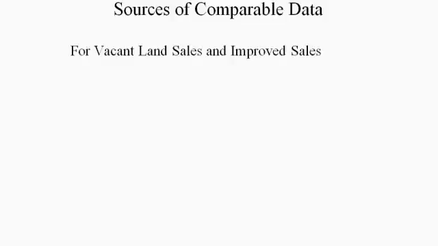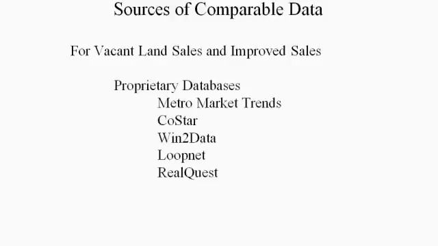Now, we know what kind of information we need, we know why we need it, and where on earth are we going to get it? And so for vacant land sales and improved land sales, we can use proprietary databases, and I've listed 5 of them here. These are certainly not the only ones. Metro Market Trends is a Pensacola, Florida-based firm that has ties to FSU, and they donate Leon County data to us.